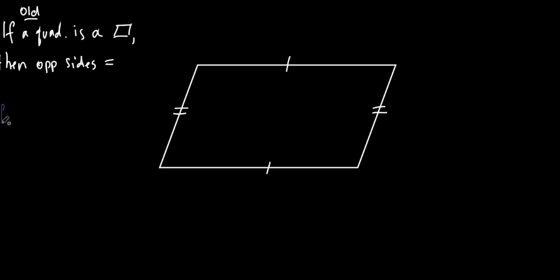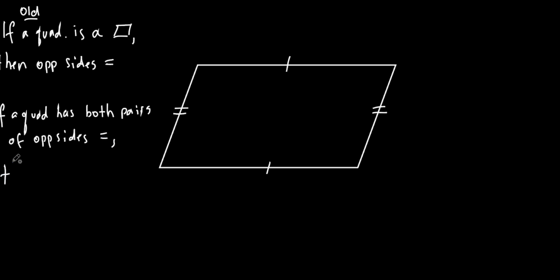So watch this. If a quadrilateral has, how should I say this? Both pairs of opposite sides equal to each other, then, now watch, this is the key to this whole lesson right here.